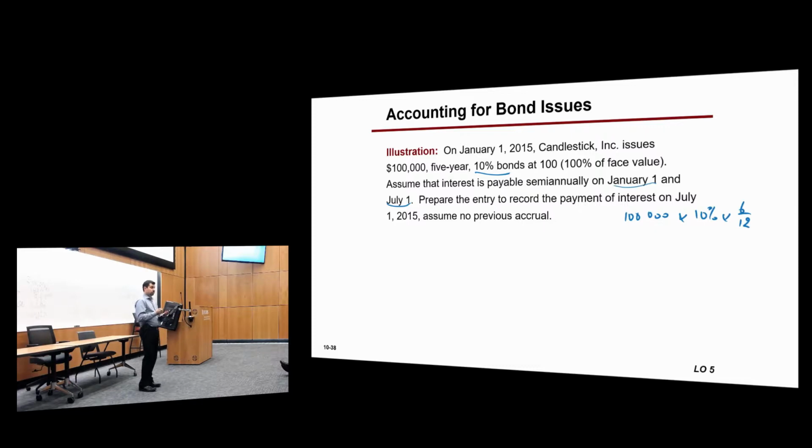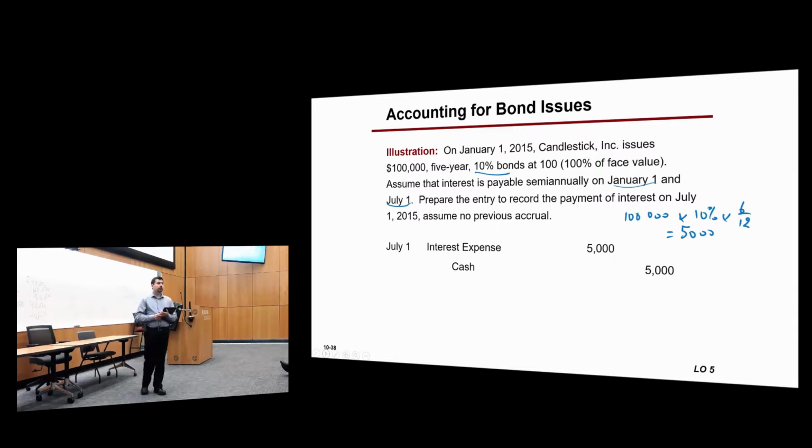That's how much? That's $5,000. To the company, this is what? The company is paying for what? Interest. So this is interest expense. So the company will debit interest expense, will credit cash, 5,000.